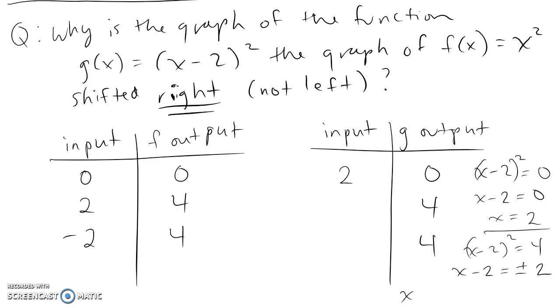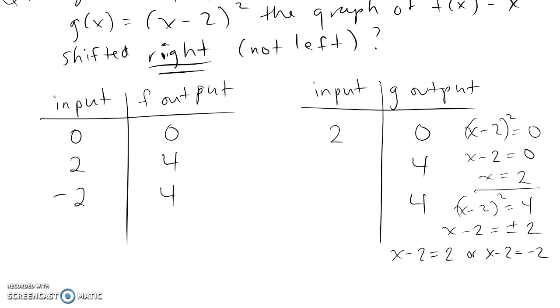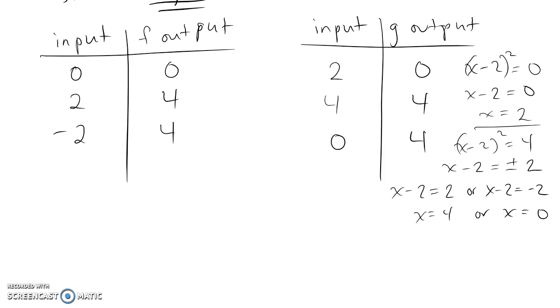So I get two separate equations, x minus 2 equals 2, or x minus 2 equals a negative 2, and then solving each of these, I get x equals 4, or x equals 0. So notice that if I plug in the input 4, I get 4 as an output, or 0 gives me 4 as an output. Now what we're going to do is compare these two lists.